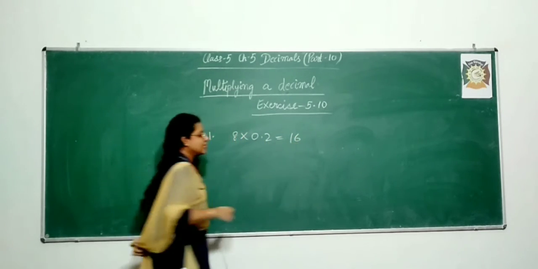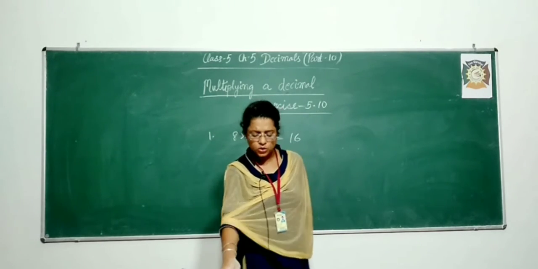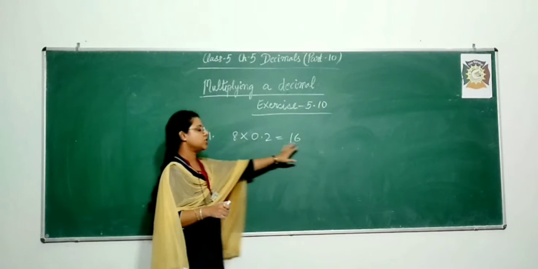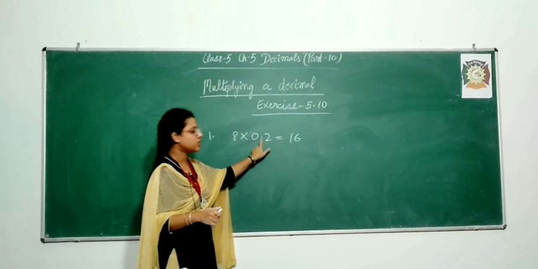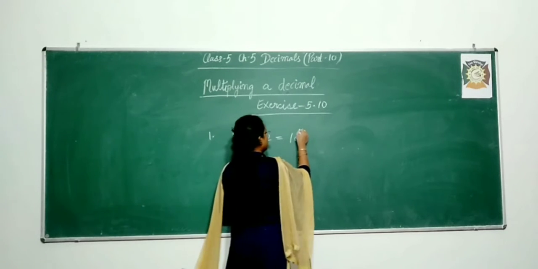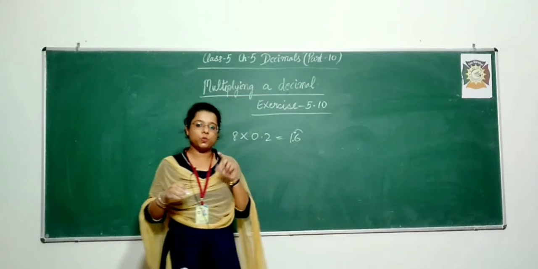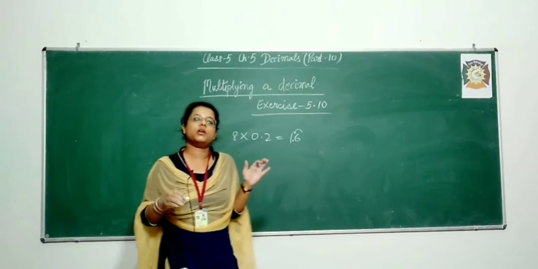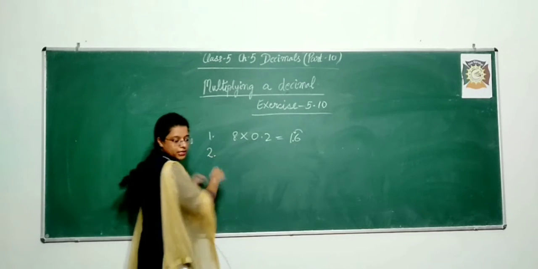You have to place a decimal point at the correct position. So how will you do it? 8 into 12 is 96, fine. In the question you are given a decimal number with 1 decimal place. So in the answer you will place a point after 1 decimal place moving from the right side.